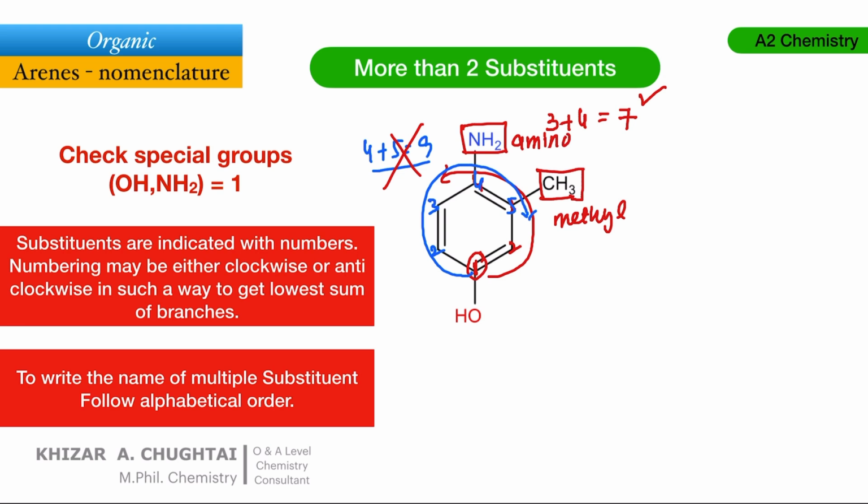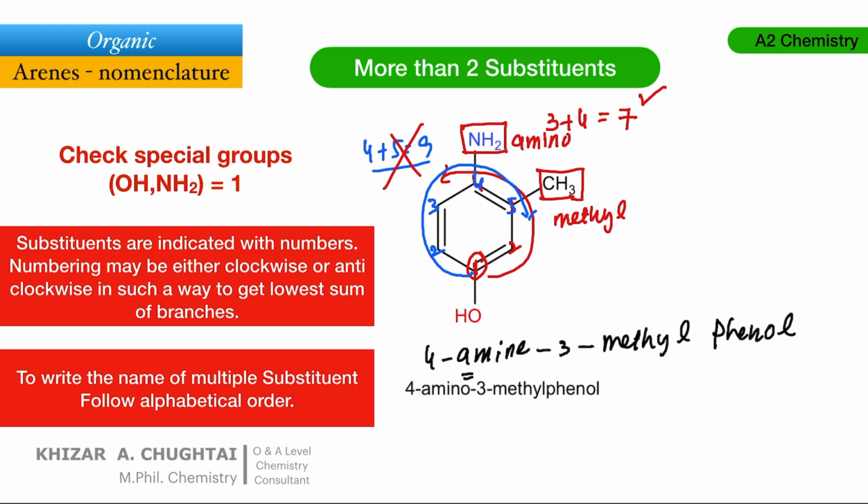So its name will be 4-amino, as A comes first in the alphabet, then dash, then 3-methyl. 4-amino-3-methylphenol is the name of this compound.